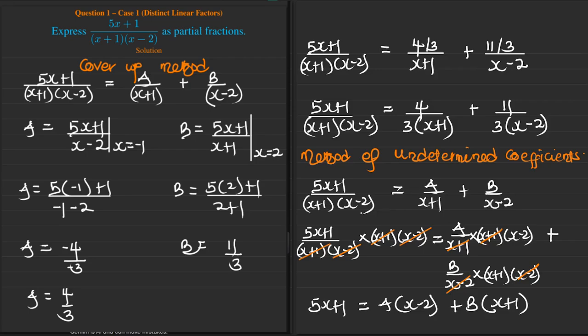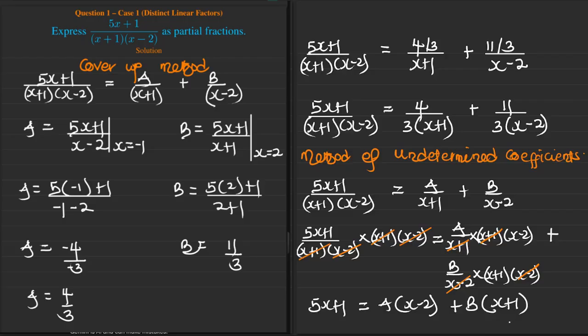If there are 3 linear factors, then all you do is let a multiply all of them but excluding its own denominator. In the same way, b is also going to multiply all but excluding its own denominator. And that is what we have here. So a multiplies x minus 2 and b multiplies x plus 1.